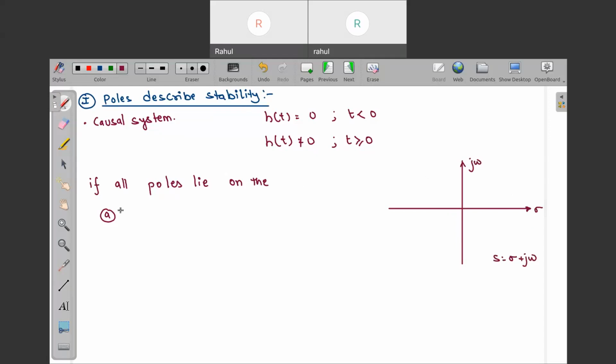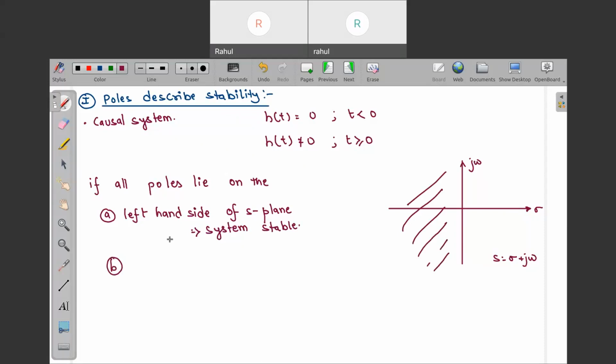If all the poles lie on the left hand side of the S plane, then your system is stable. Left side means this complete region.